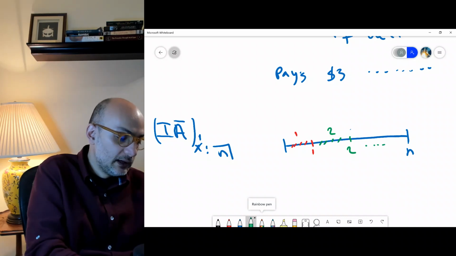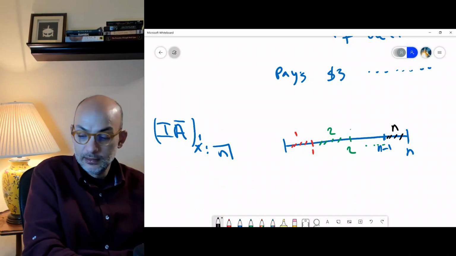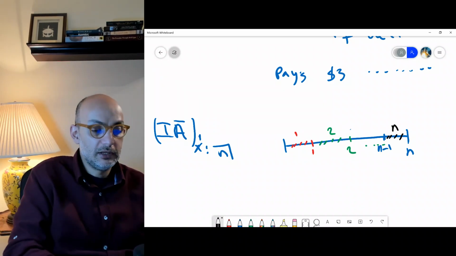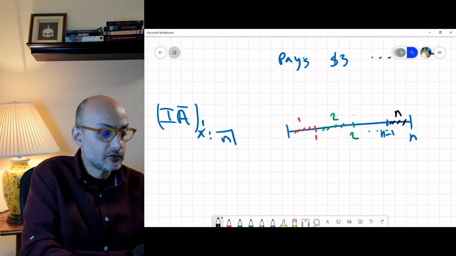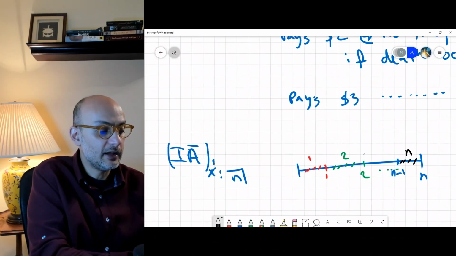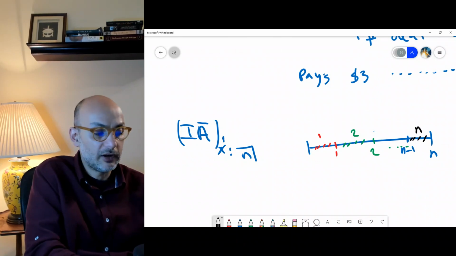And if death occurs between n minus 1 and n, then the amount will be n. And we need to be careful about this, there is a logic for this one. It will be at the moment of death, but it's bounded. The same thing as the first one. There is nothing different, but it's bounded.